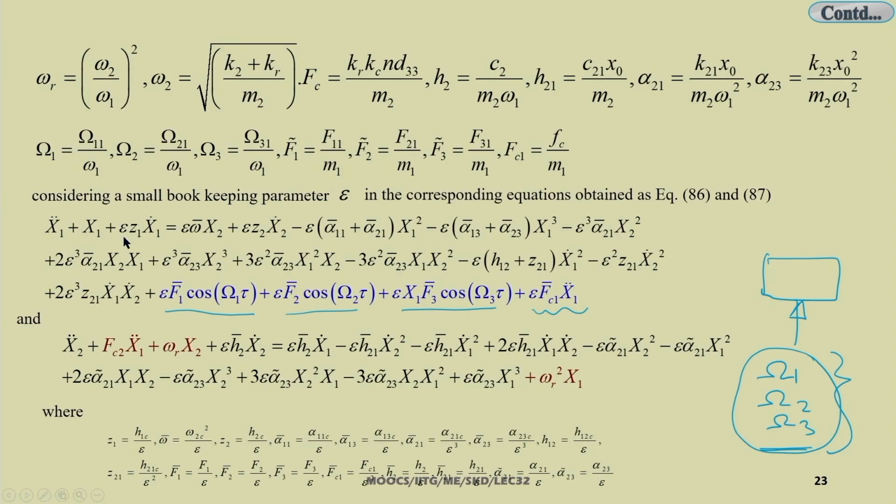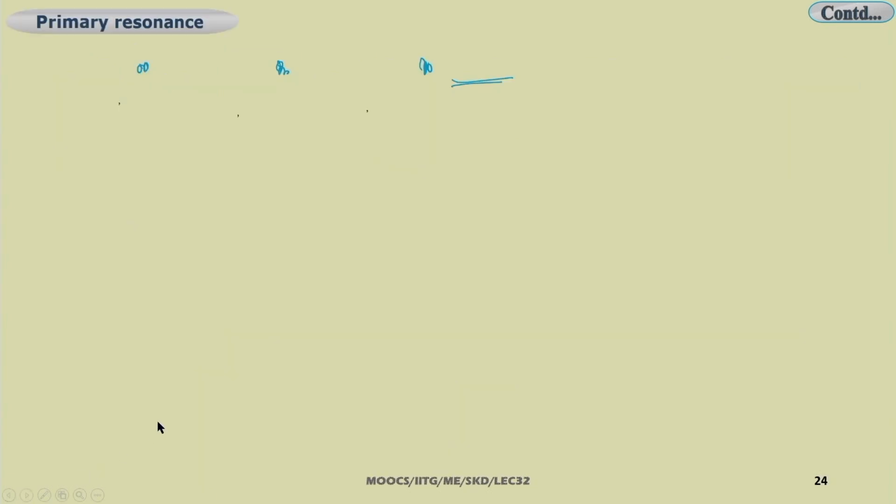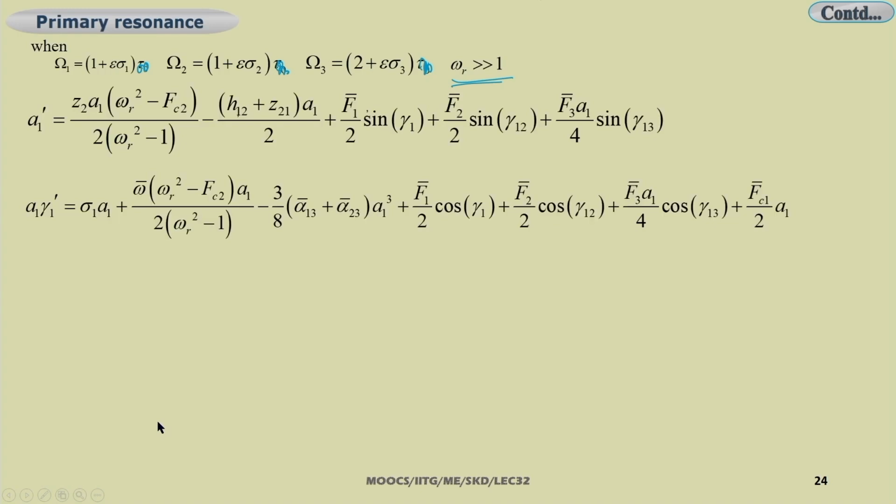If you see the governing equation, the coefficient of x1 equals 1 and m1 equals 1, the coefficient of the first mass equal to 1. When we have non-dimensionalized, the non-dimensional frequency parameter, which is the coefficient of x1 taking a unit mass, will be equal to 1. That is why we have taken the resonance condition when this external non-dimensional frequency becomes 1, and that is why we take this detuning parameter.